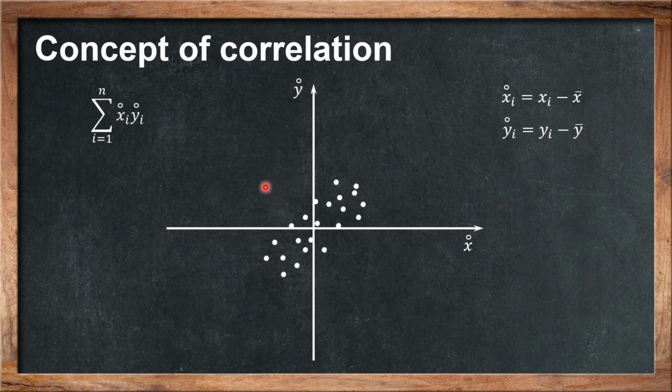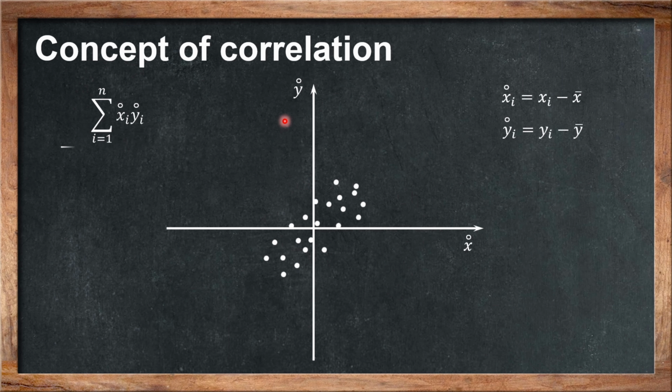And if we have no relation between x and y, we would have just a non-directed cloud, and all these products that are associated with the data points in all four quarters would just cancel out, because we would have some number of data points in the first quarter, some number in the second, some number in the third, and in the fourth. Since two of them are negative, two of them are positive, they will just cancel out and this value would be close to zero.